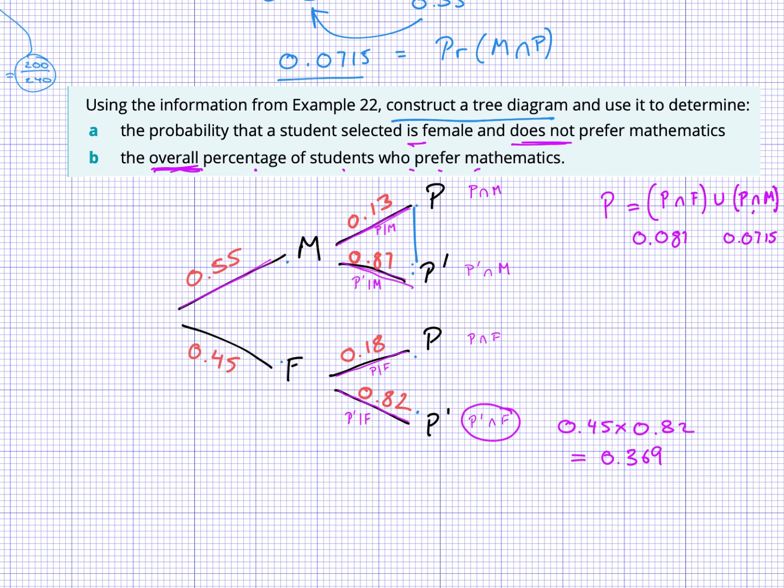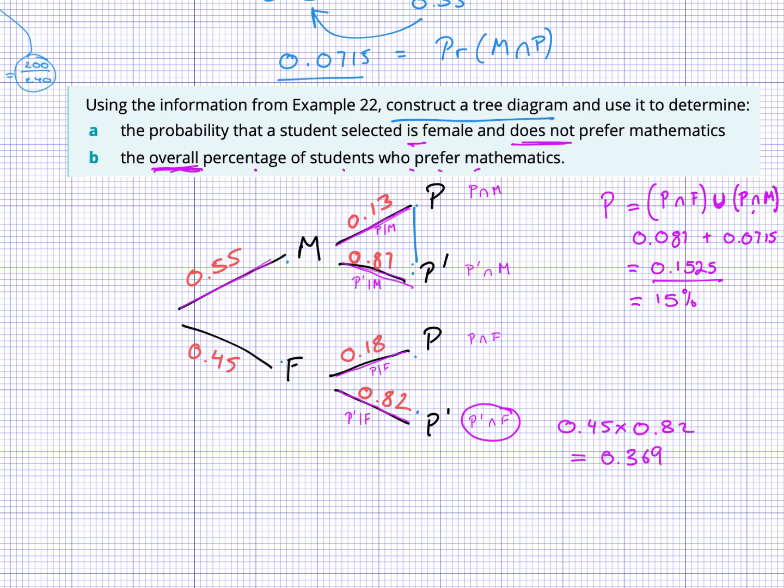All right, now what we can just do with this union means combination, so we just add them together. And we end up with a 0.1525 chance, so we can convert it into a percentage, that equals 15% of students prefer maths overall, combining both males and females.